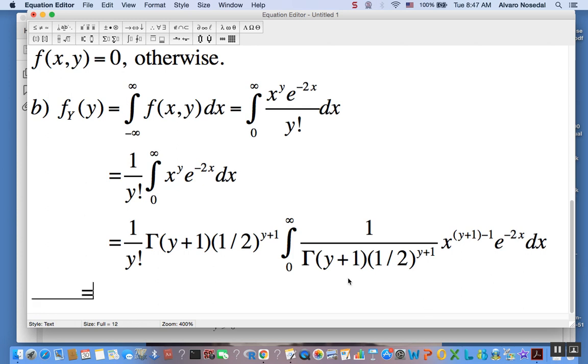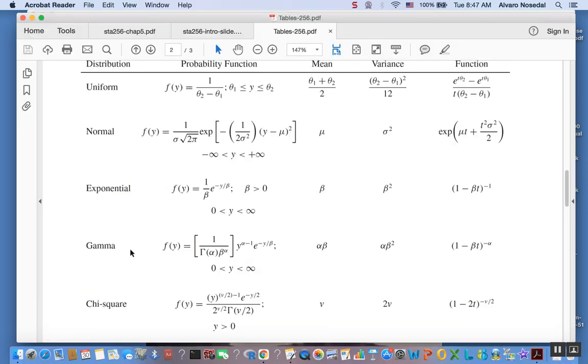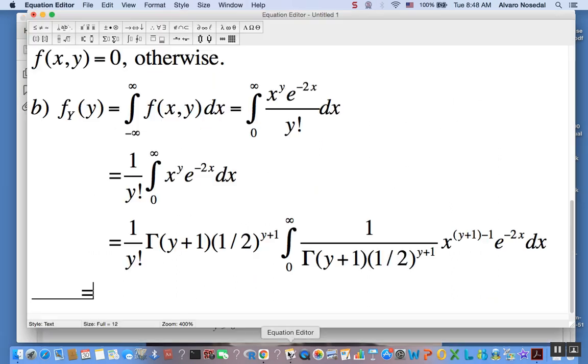Okay, but now again, take a look at the expression of the PDF of a gamma. This is the region where the gamma is non-zero, so we are integrating from 0 to infinity. This is a legit PDF. So this kind of nasty looking integral is just going to be a beautiful one, because it's the integral of the PDF of a gamma, and it's a legit PDF.